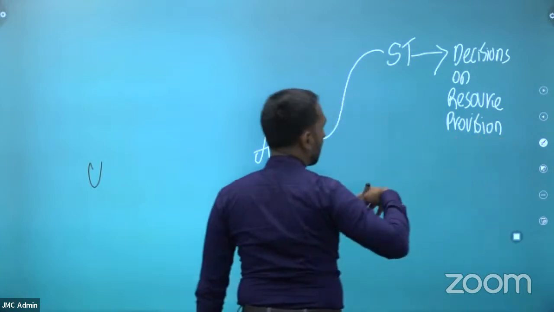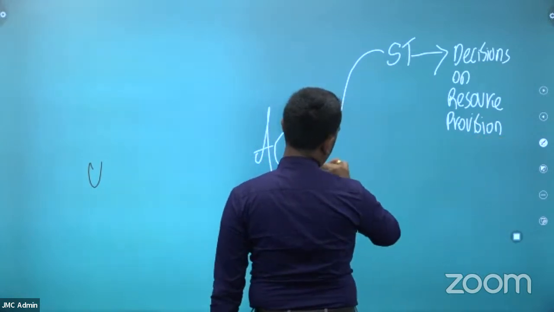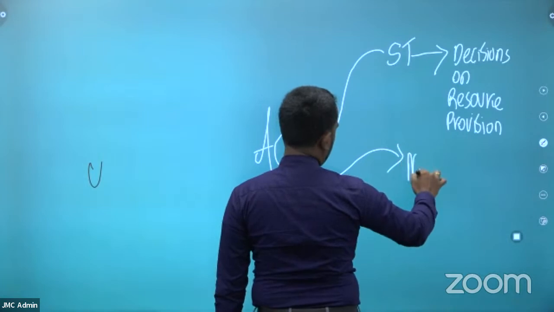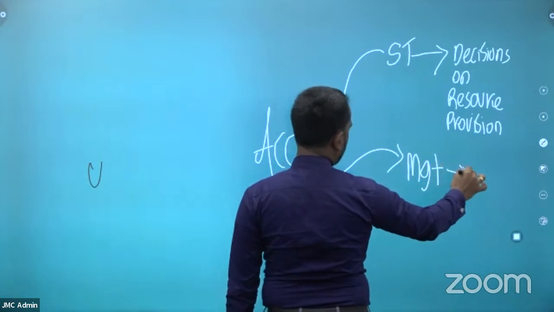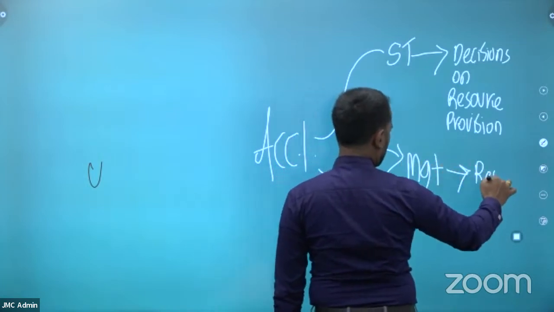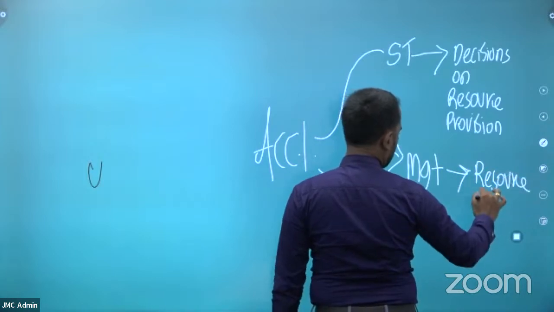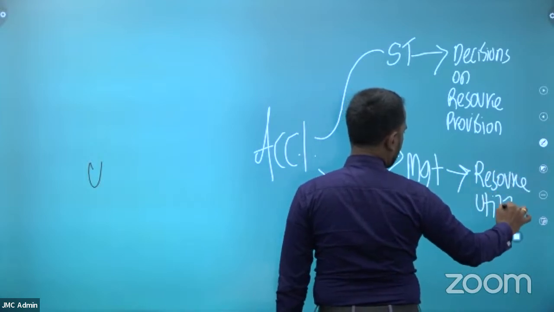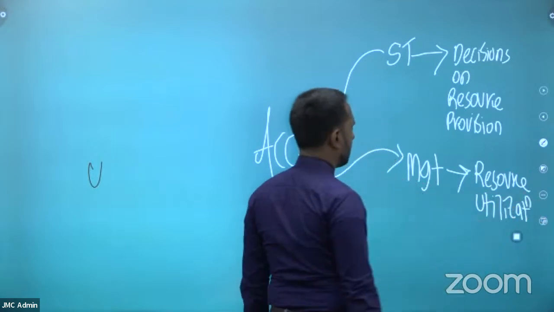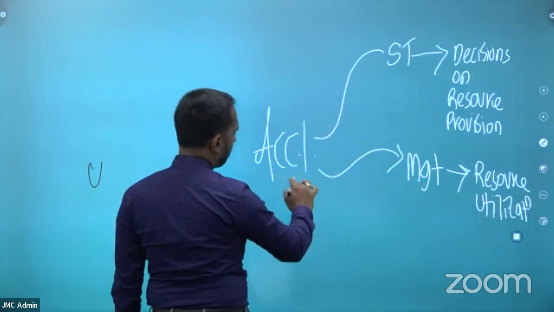Resources දෙන එක ගැන තීරණ ගන්න stakeholders ලා accounting පාවිච්චි කරනවා. So management can take decisions on resource utilization. ඒවා පාවිච්චි කරන එක ගැන තීරණ ගන්න management එකට accounting පාවිච්චි කරන්න පුළුවන්.